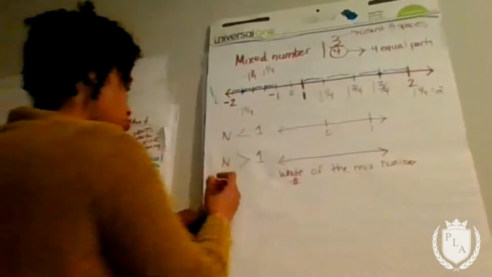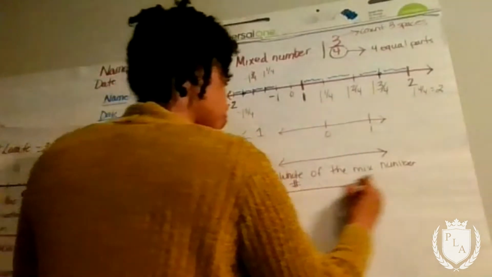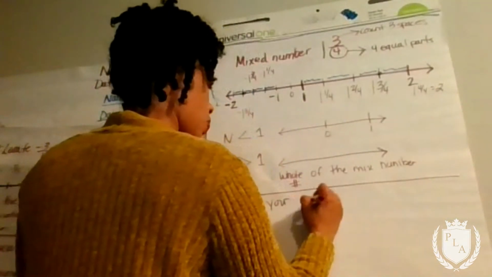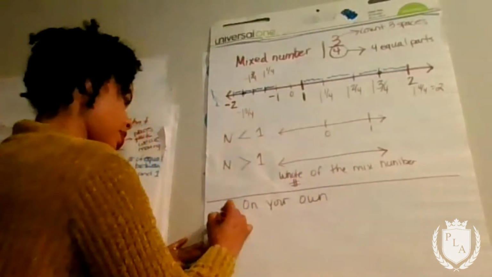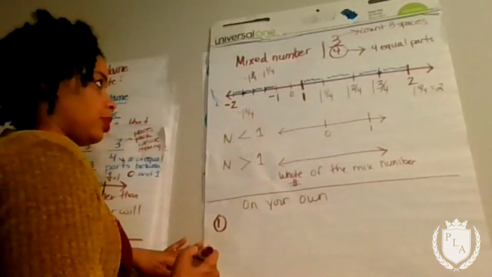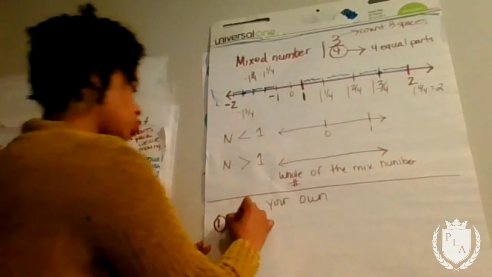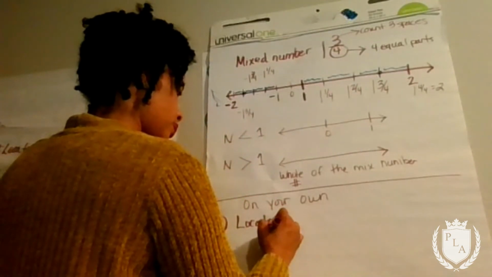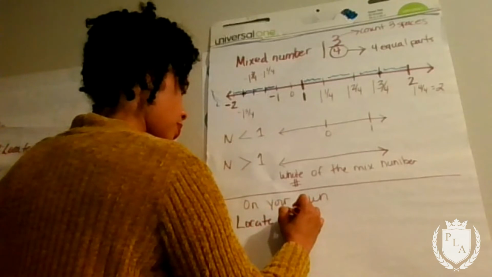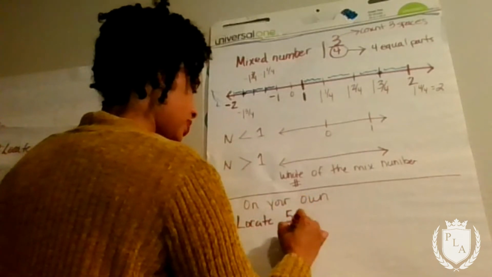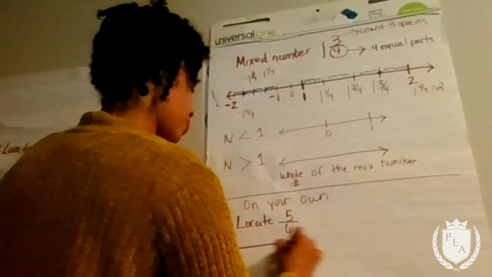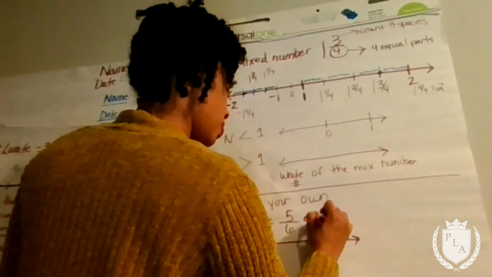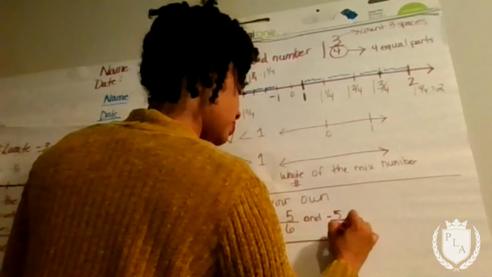So now I want you to try a few on your own. Okay? Number one, I want you to locate 5/6 on your graph, and -5/6.